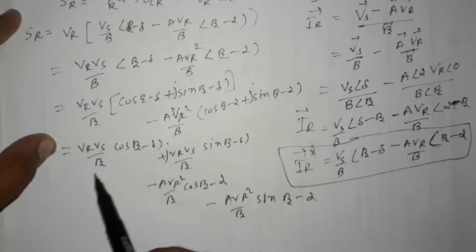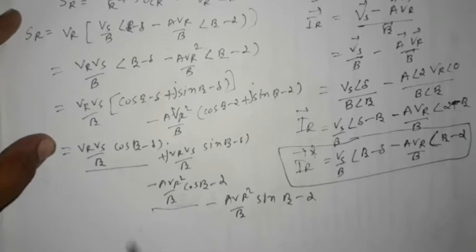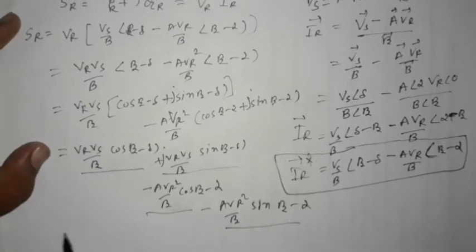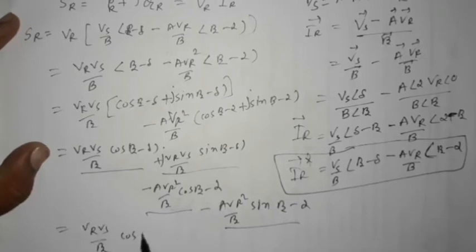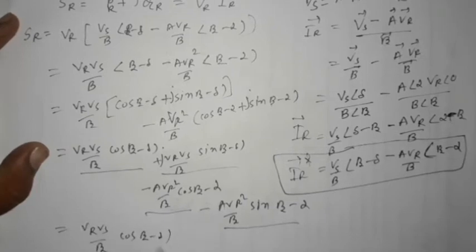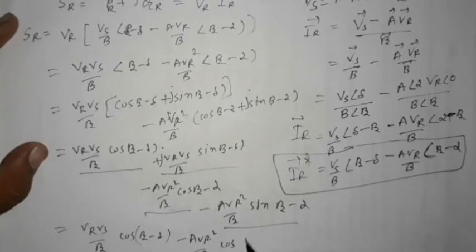Now here we see that these two terms are in real form and these two are in imaginary form. So we rewrite this equation. So VR into Vs by B cos beta minus delta, minus A VR square by B cos beta minus alpha.